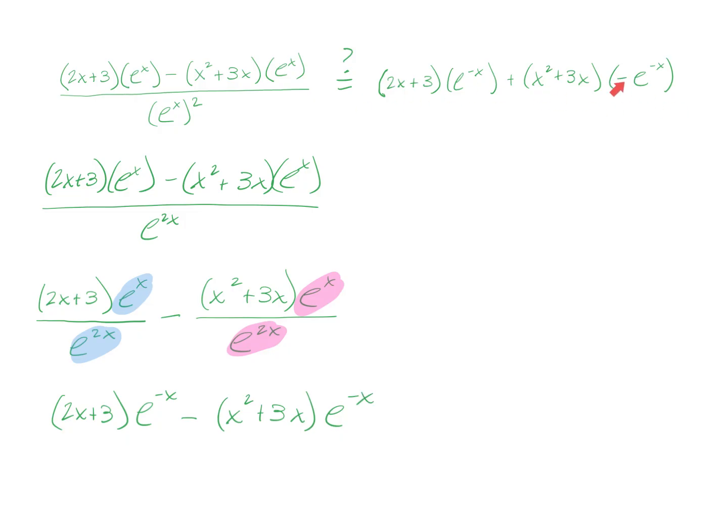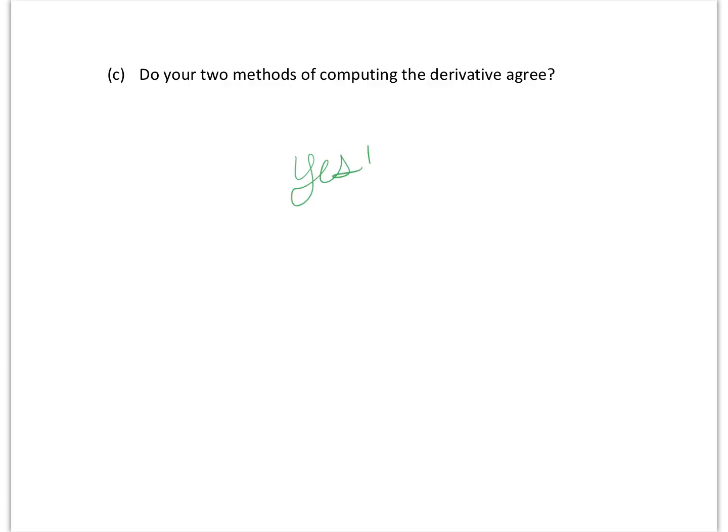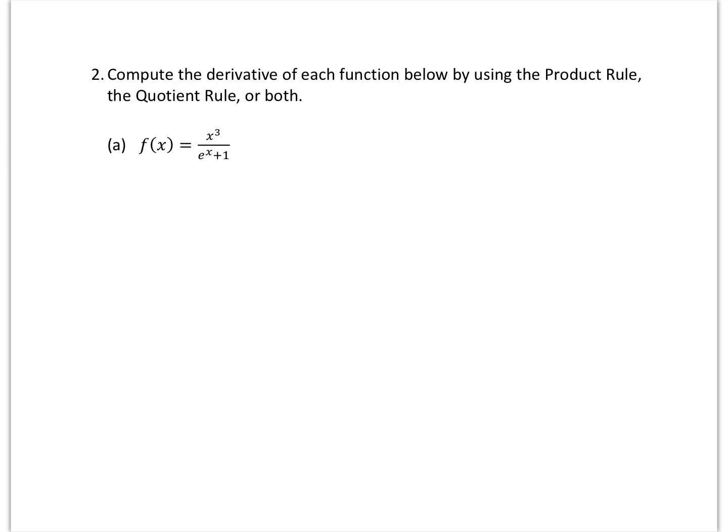So the negative sign here became a subtraction sign, but these are equivalent. Yes. The initial results looked different, but they were actually algebraically equivalent to each other.